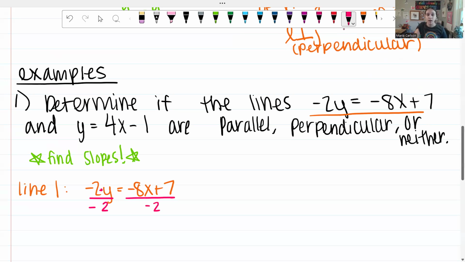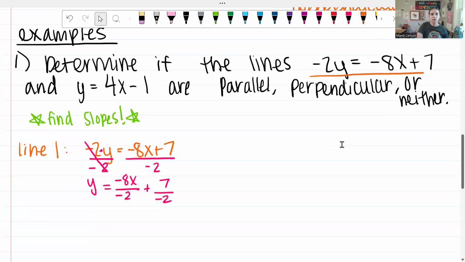So I'm going to divide both sides by negative 2, so they will cancel in the numerator and denominator here on the left, and we have y is equal to negative 8x divided by negative 2 plus 7 divided by negative 2. And this will simplify even further. Negative 8x divided by negative 2 is just 4x.